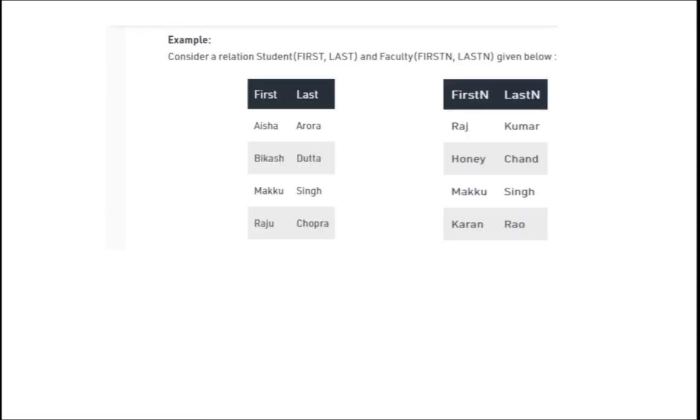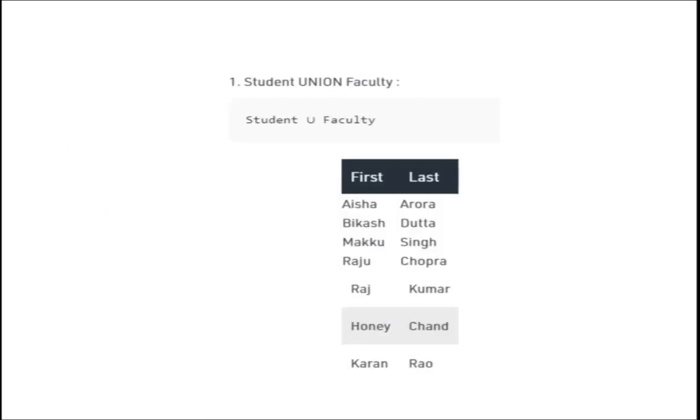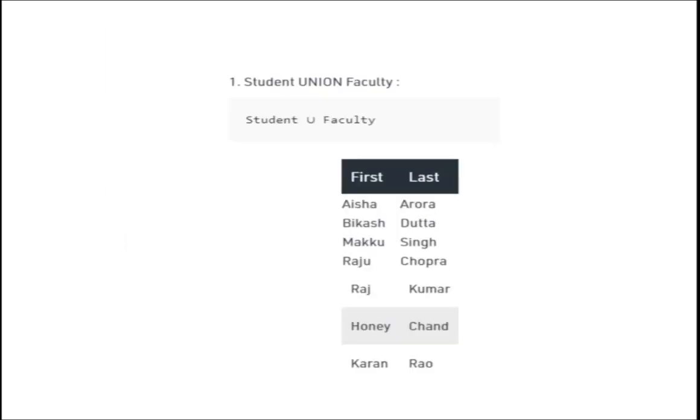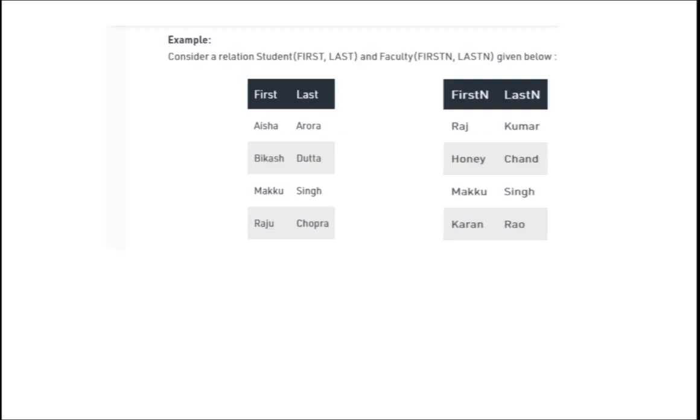Now I will take these two tables and construct the union first. Student union faculty. What is the definition of union? All the values from both student and faculty should be there. You can see Aisha Arora, Biksh Datta, Marcus Singh, Raju Chopra.